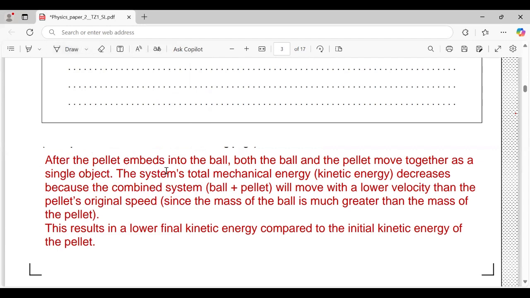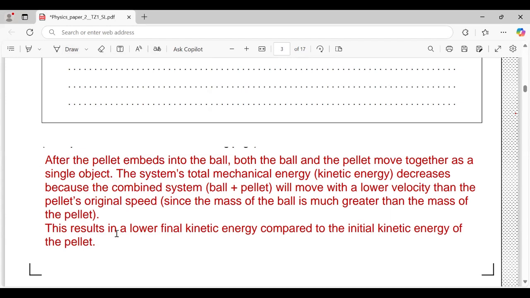So after the pellet embeds into the ball, both the ball and the pellet move together as a single object. The system's total mechanical energy or kinetic energy decreases because the combined system, the ball and pellet, will move with a lower velocity than the pellet's original speed, since the mass of the ball is much greater than the mass of the pellet.